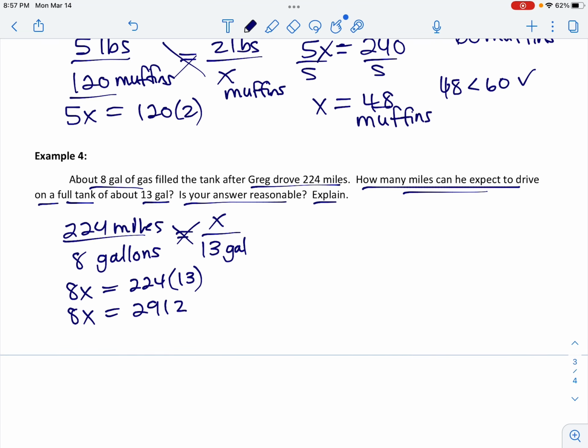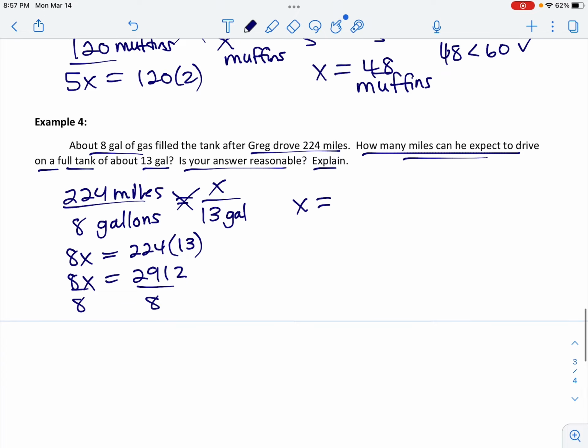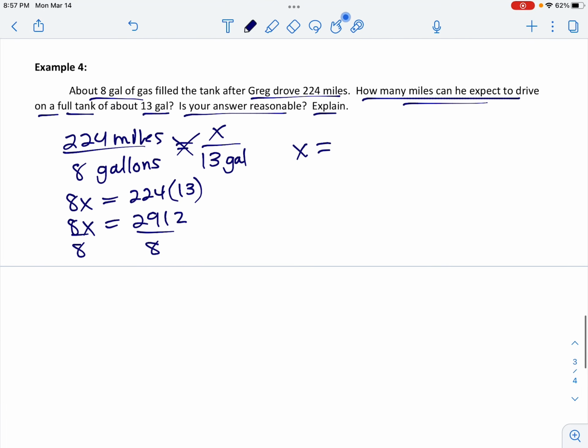Okay, I can divide by 8. So then x is equal to, and if you don't remember how to divide longhand, we're going to be doing that next class, but with variables. So we can divide it out. Remember, the top number goes in the box, and 8 goes on the outside. And we can say 8 times 3 is 24 with 5 left over.